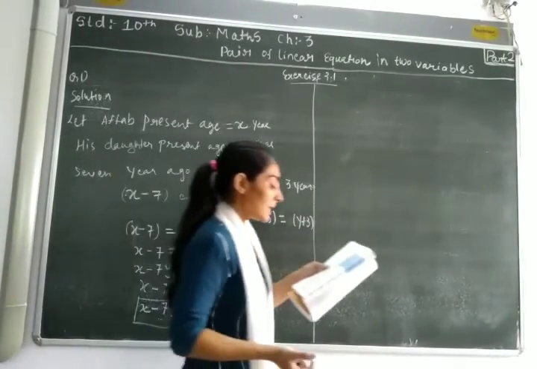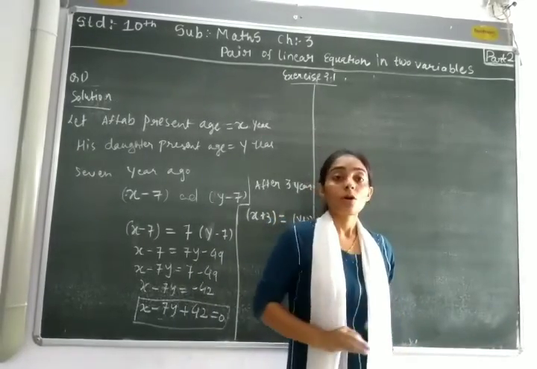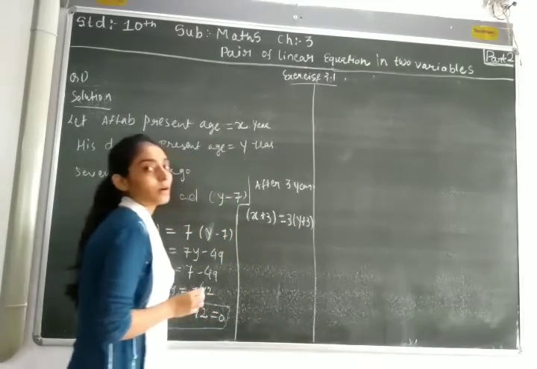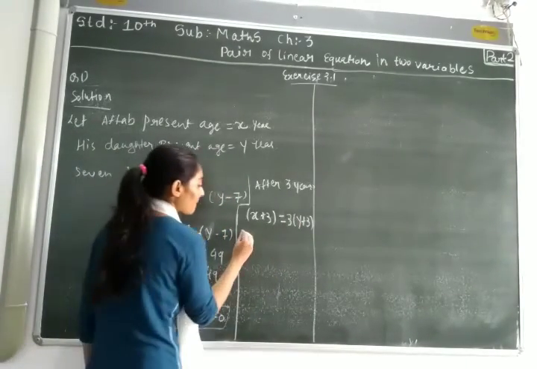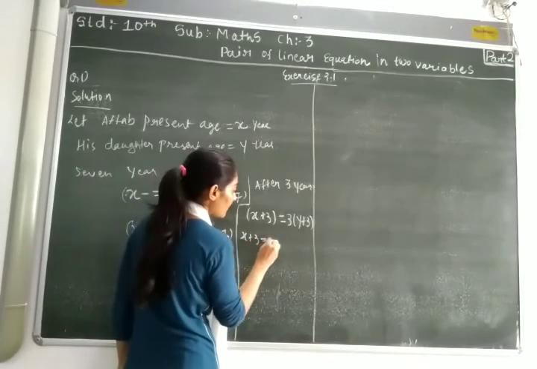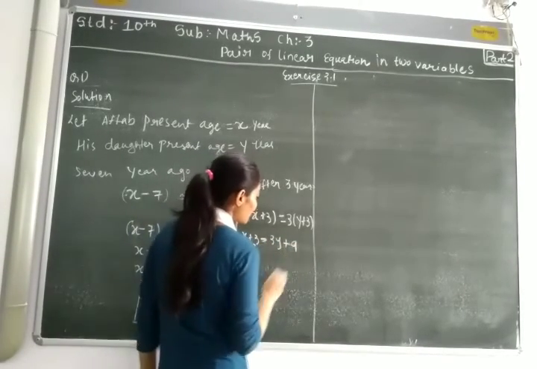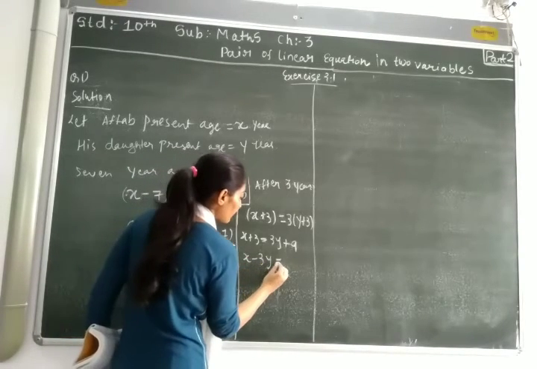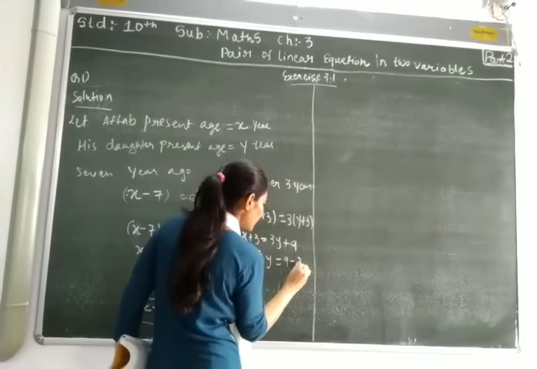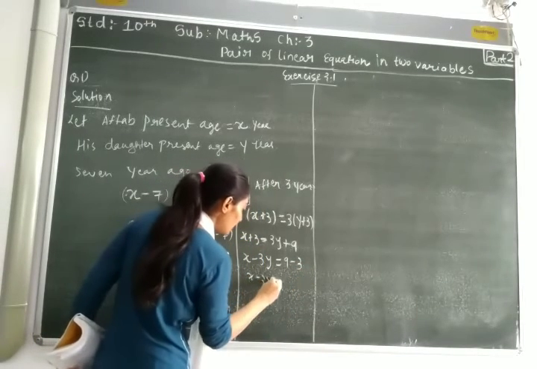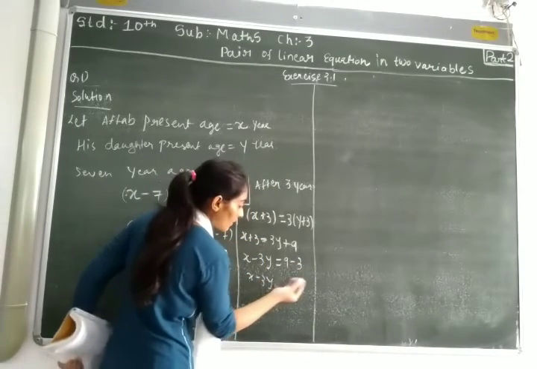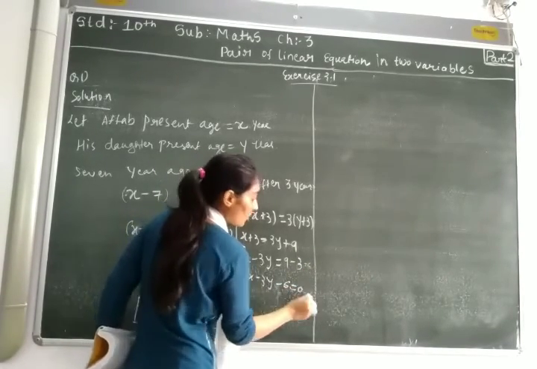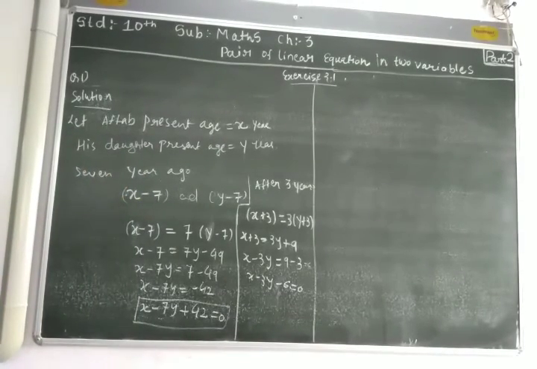So he will be 3 times his daughter's age, which means we multiply his daughter's age by 3. So x plus 3 equals 3y plus 9. So x minus 3y, 3 minus 9, I'm getting over here minus 6 equals 0.